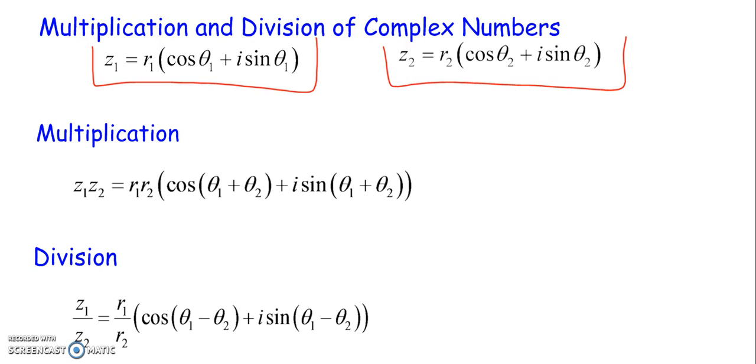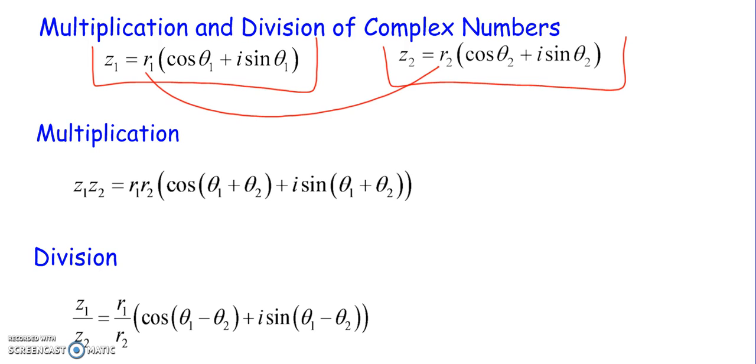Both Z1 and Z2 are in trig form. And to multiply in trig form, you really just multiply the r's and you add your thetas. Everything else stays the same. Multiply r1 and r2, add theta 1 and theta 2, and you're still going to have cosine of a new theta plus i times sine of that same new theta.